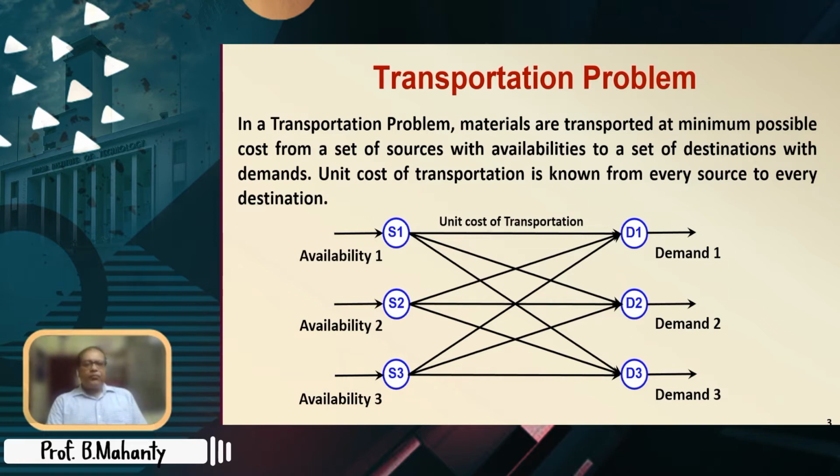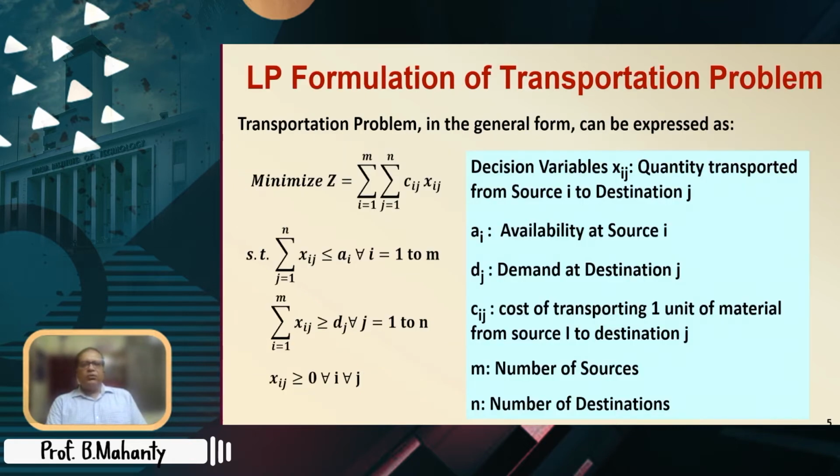And these are all essentially linear programming problems. In a transportation problem, as we already discussed, the materials are transported, and the unit cost is known from every source to every destination. Now, the transportation problem in the general form can be expressed with these kinds of equations.